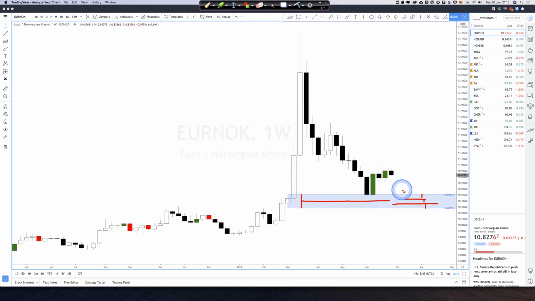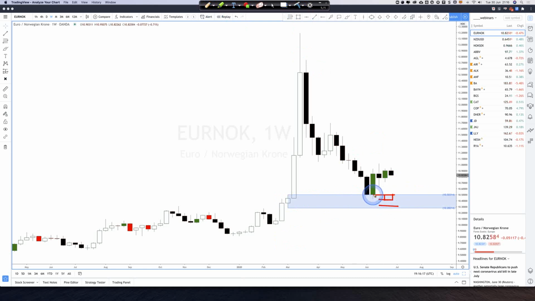But what you can't do is take the first third at the top, at the proximal line. You have to always protect your entry with the stop loss underneath the zone that you are using. Make sense? It does not mean I'm going to divide the weekly area of demand in 3 slices and take the upper one.